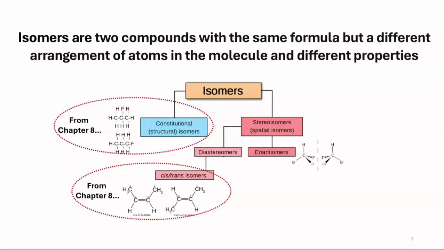So far, we have discussed constitutional isomers. Constitutional isomers are two molecules that have the same chemical formula and have the atoms attached in different ways. So that means that constitutional isomers are going to have overall different names. Also in chapter 8, we learned about cis and trans isomers.